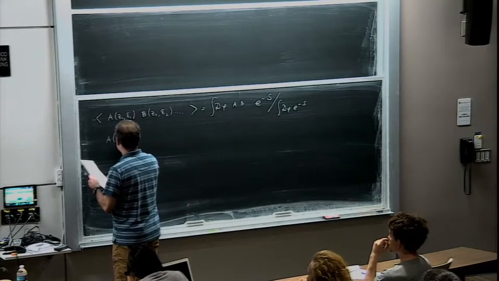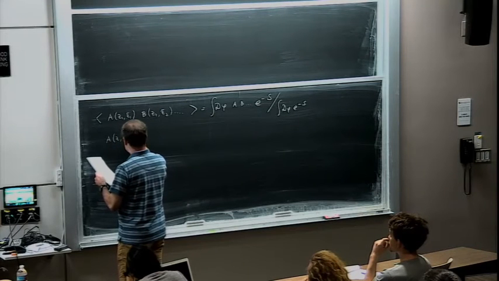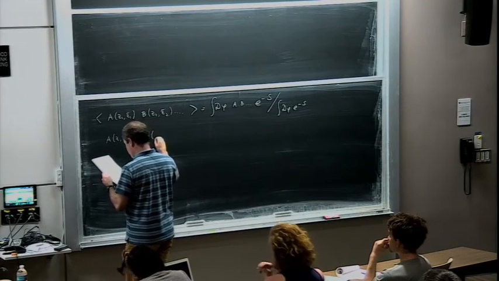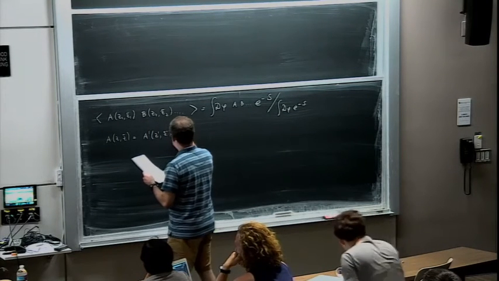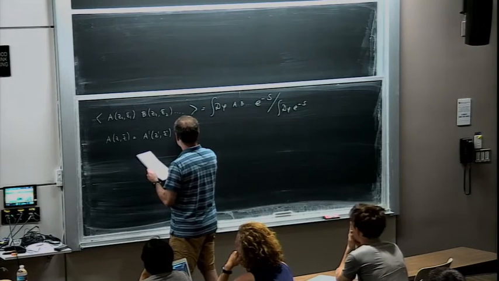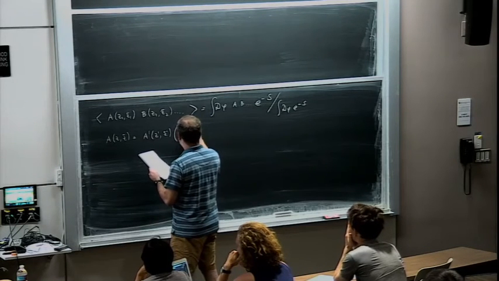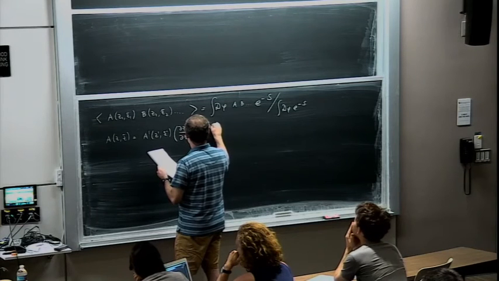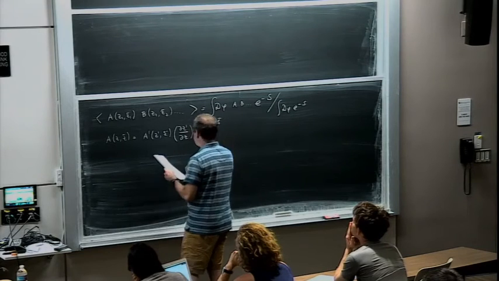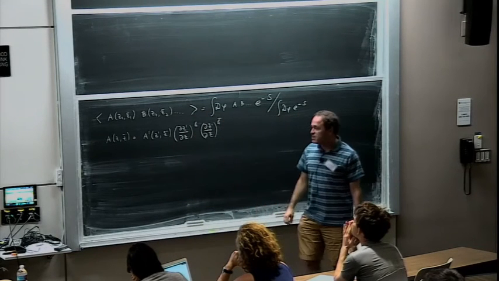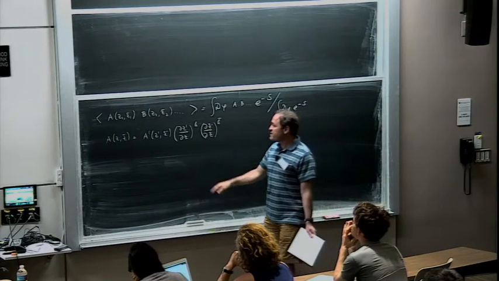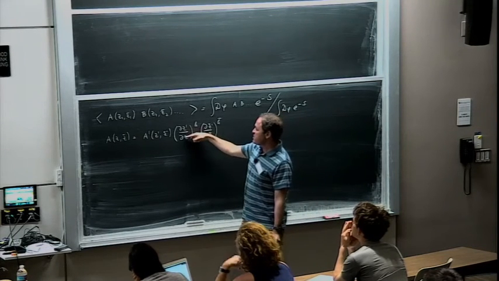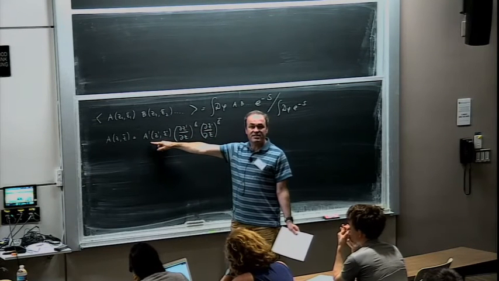A of z, z bar, is equal to a new object in new coordinates, A prime of z prime, z bar prime, multiplied by dz prime over dz to the power of h, and dz bar prime over dz bar to the power of h bar. Now, if you look at this formula, this looks just like a transformation law of a tensor, such as T mu nu or g mu nu, except for a tensor, we would have just one such ratio per index of the tensor.